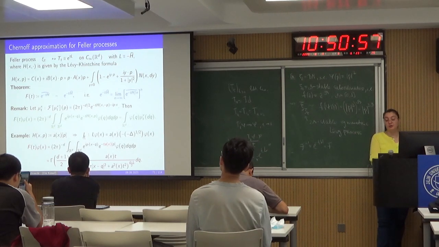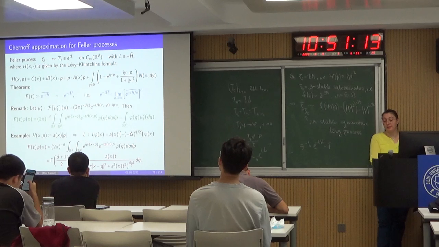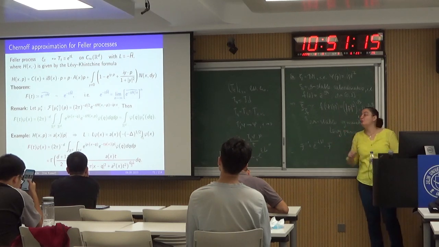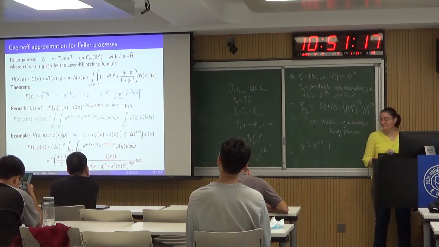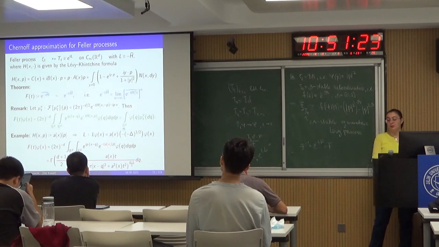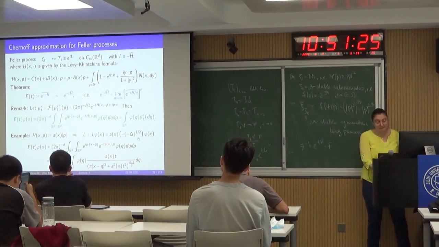So the corresponding generator, that is the operator with symbol minus h hat, is nothing else but a multiplicative perturbation of the fractional Laplacian, the Laplacian to the power 1/2. So it's a square root of Laplacian, and we have this variable coefficient.